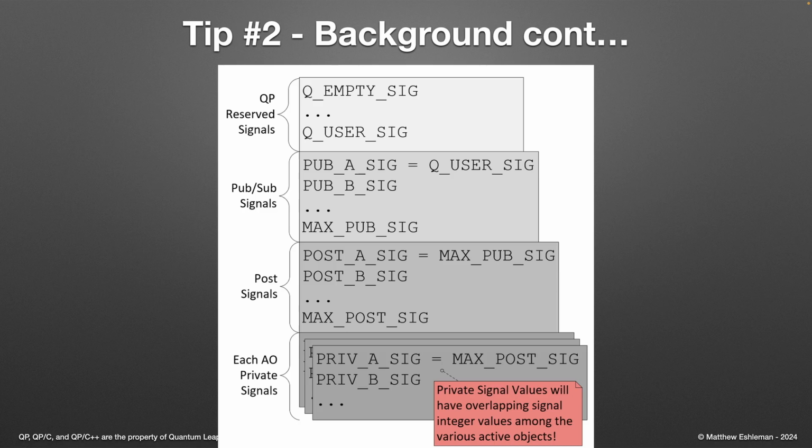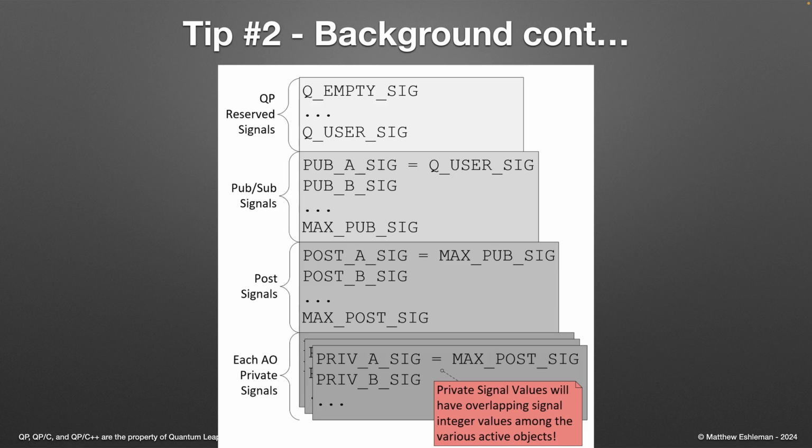Then each active object, traditionally and typically, has its own private signal values. These are frequently used for timers and maybe deferred event handlings, just different things that the active object may post to itself or has the framework post to it, such as timers.